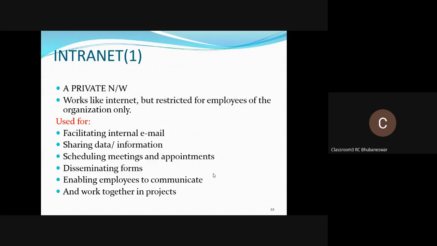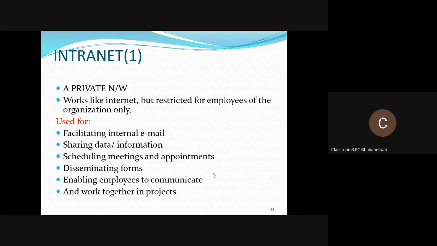Only the KIT students and the KIT employees can access it. At that moment, I will say this is the intranet. The first point you have to remember is that it is a private network. And the second point, please remember that it works like the internet, but only a handful of persons, restricted. Only faculty, students and employees can access that.